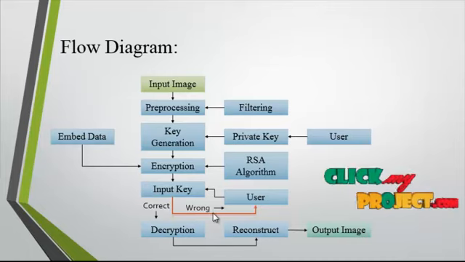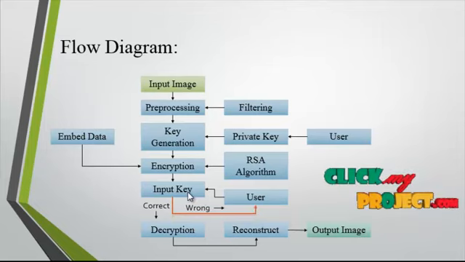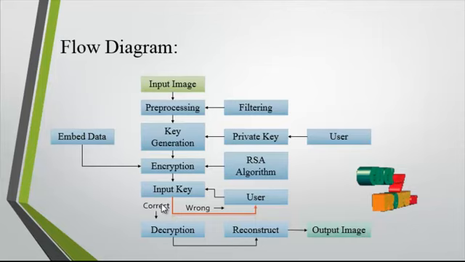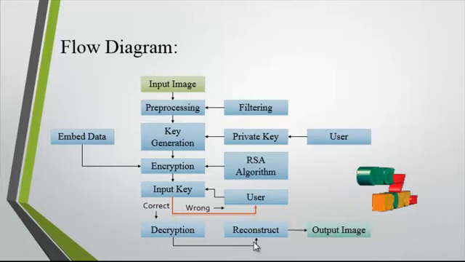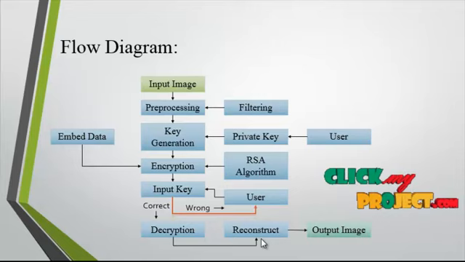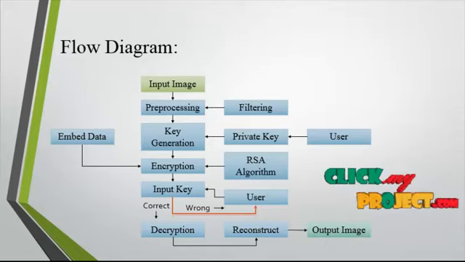If the key is wrong, then the user can enter the key once again. Only when the key is correct will the decryption process be undertaken. After the reconstruction, the data and the image will be separated and the output is in the form of the data and the output image.